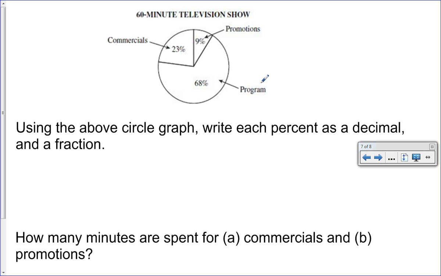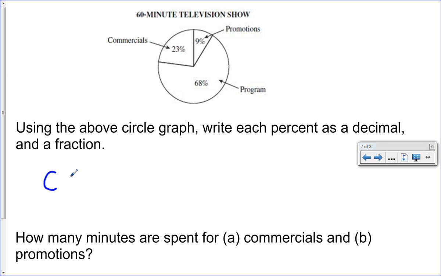So what we need to do, using this above circle graph, we need to write each percent as a decimal and as a fraction. So I'll do the first one. Okay, C for commercials.